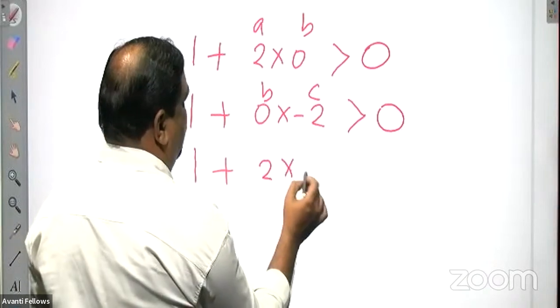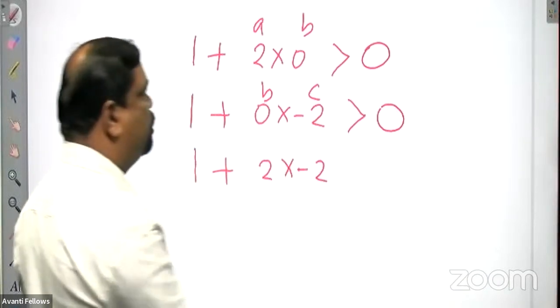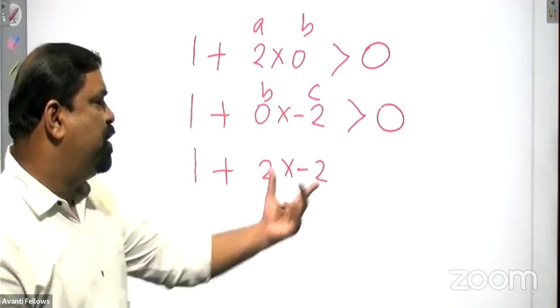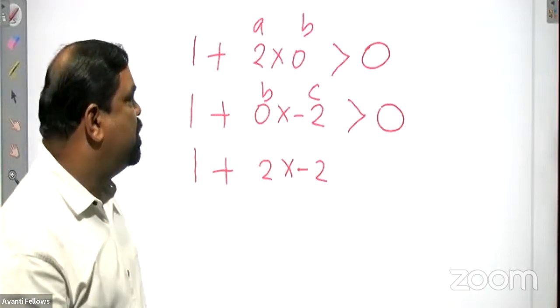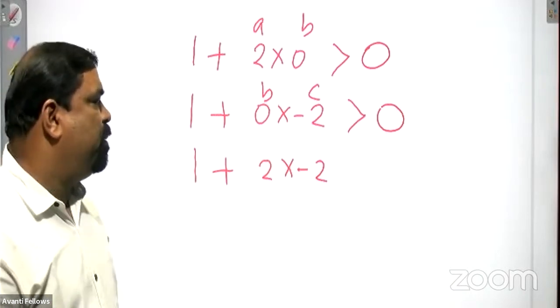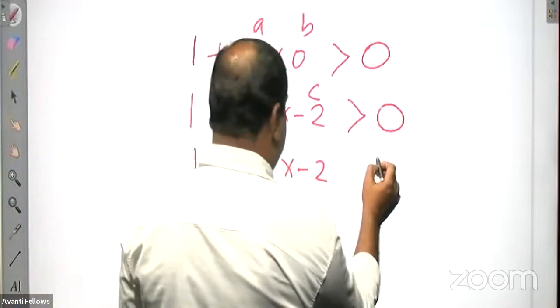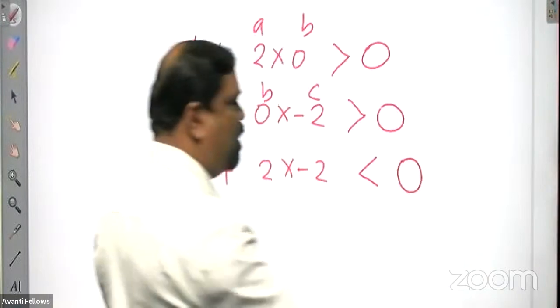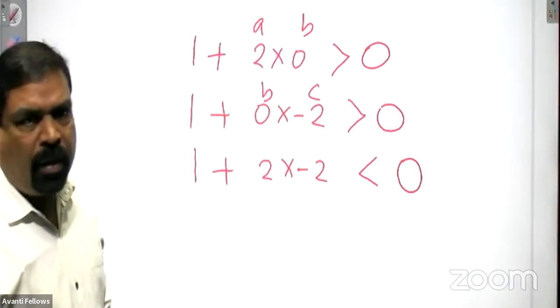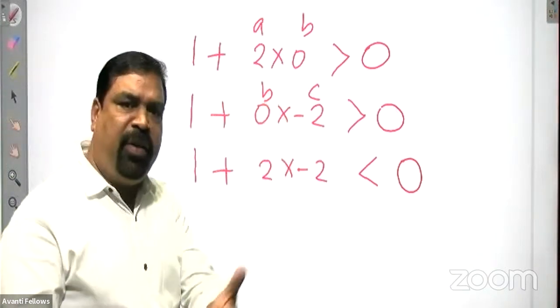1 plus AC. A is 2 and C is minus 2. So 1 plus 2 into minus 2, that is 1 plus minus 4, which is very clearly less than 0. So the first two conditions are satisfied but the third is not.